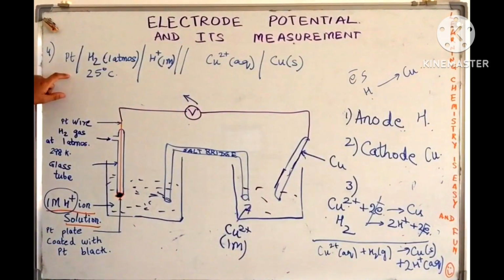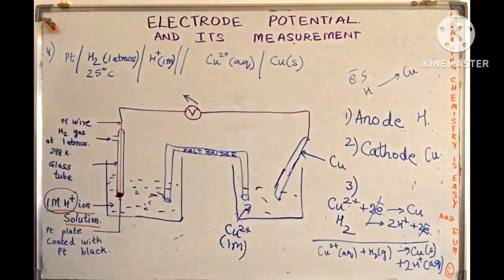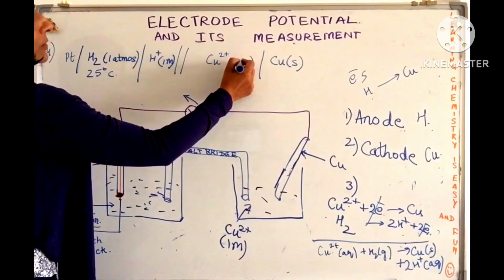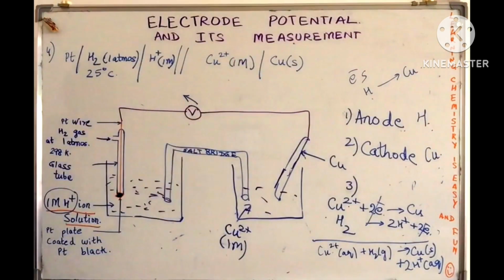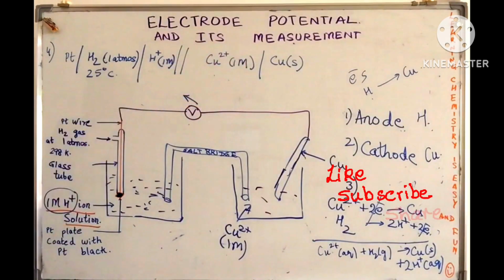So left hand side has to show oxidation. Oxidation is loss of electrons. The right hand side has to show reduction. So we've got copper ions, and because we are talking about the standard electrode potential, it is 1 molar solution of copper ions in contact with copper solid.